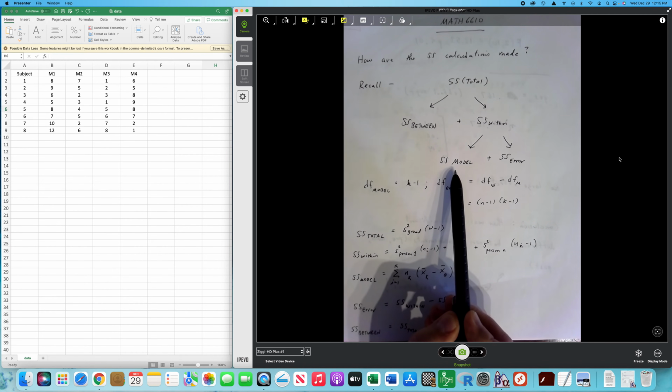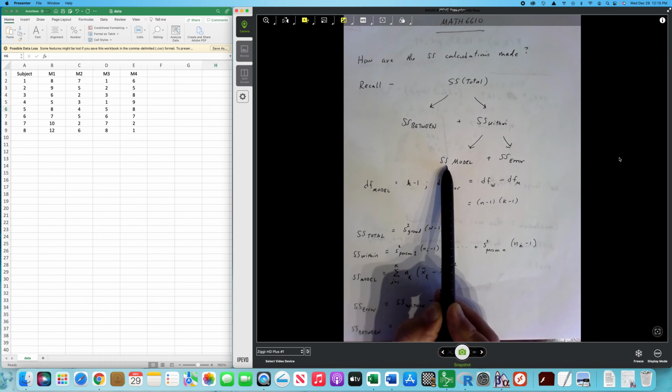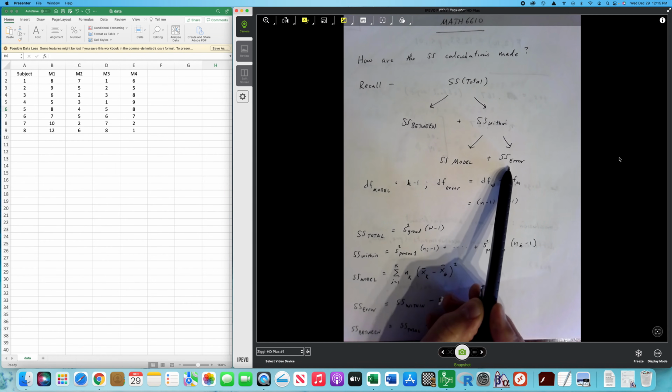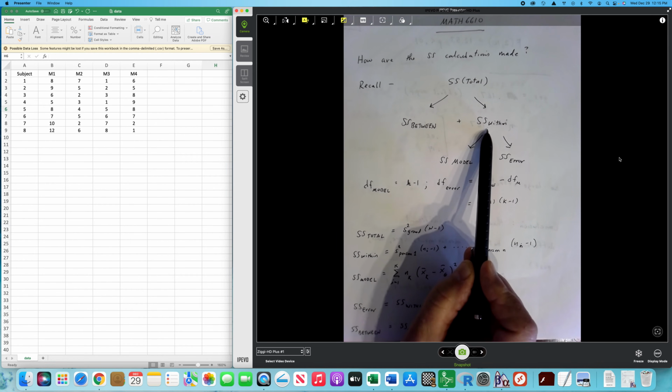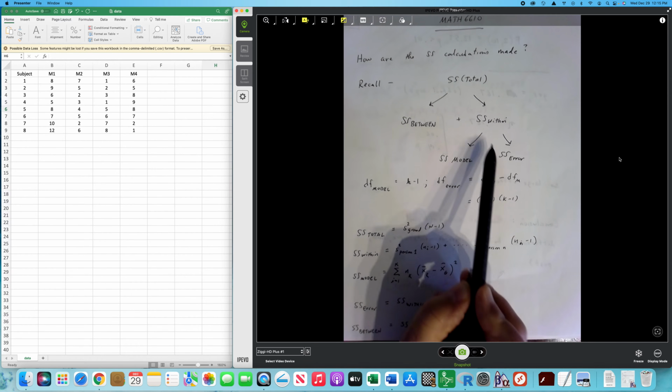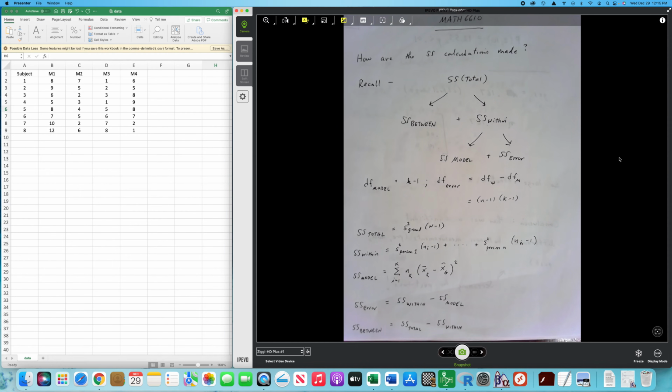But in the within component, as we saw in the previous video, we can break this out into another component of sum of squares that are explained versus the error. Now, typically, your sum of squares within is your error, so what we do is we essentially just reduce this. And again, we saw how that plays out in the previous video.